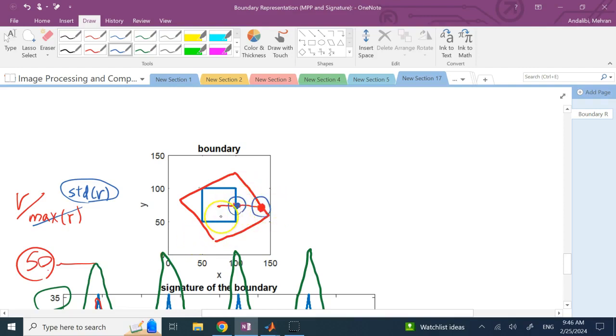So for blue, it might be like this. And for red, you are already starting at some point, so when you go here, you go down first, then you start going up. So it goes something like this.